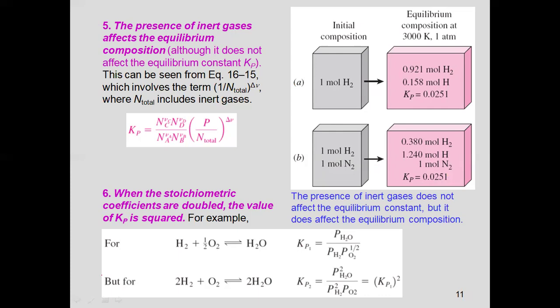Therefore, that will not change the equilibrium constant, but definitely the presence of inert gas will affect the equilibrium composition, because that is one component present in the composition. That means in one case when there is no inert gas, and in the second case when there is inert gas, definitely the compositions are different.